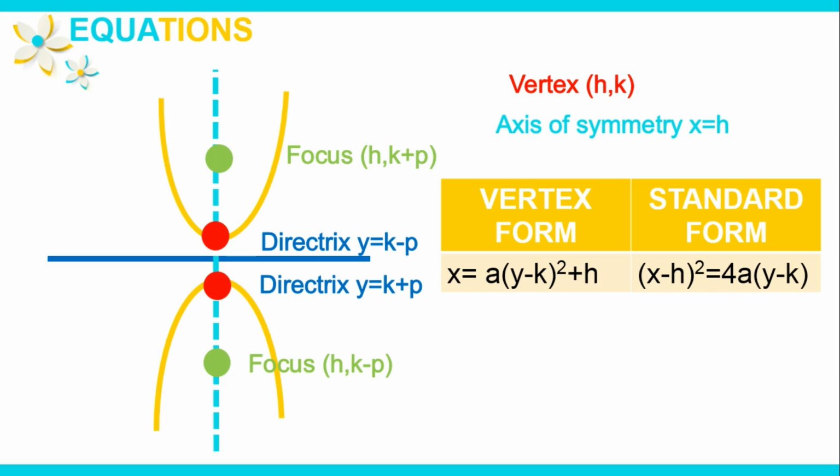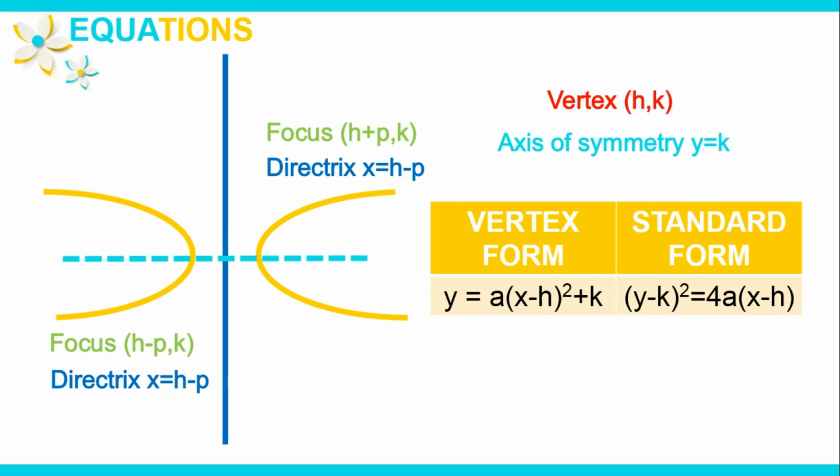So if you noticed, if the graph of the parabola looks like this, the axis of symmetry lies horizontal, and its equation is y; they are reversed. The directrix stands vertical, and its equation is x, right? The vertical one is the y-axis, right? So it's reversed. The directrix is x and the axis of symmetry, which lies horizontal, is y.